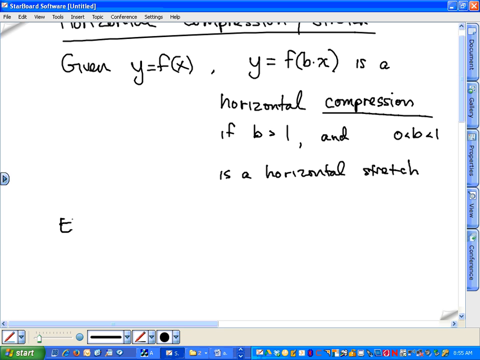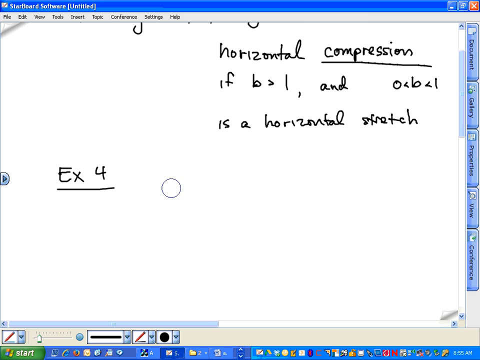So here's example, I think we're on example 4. I want you to graph y equals (2x) raised to the second power.